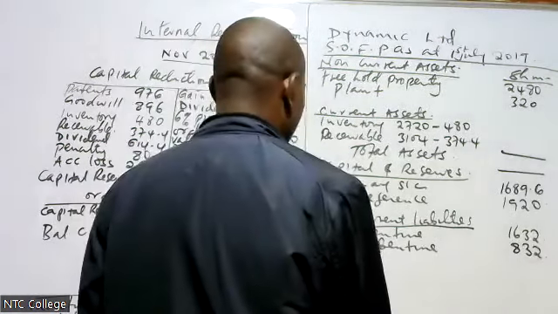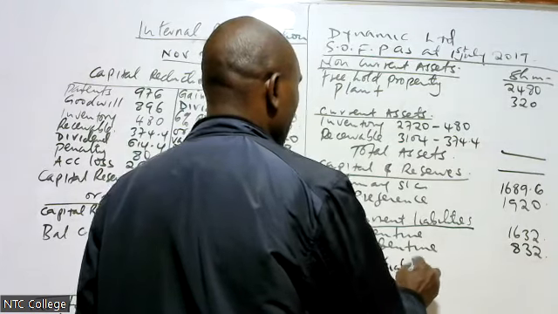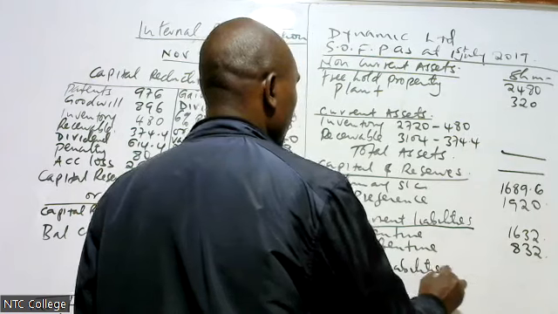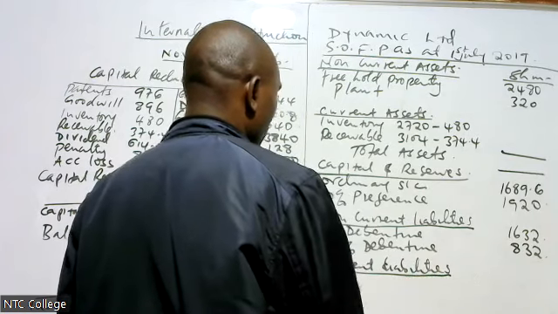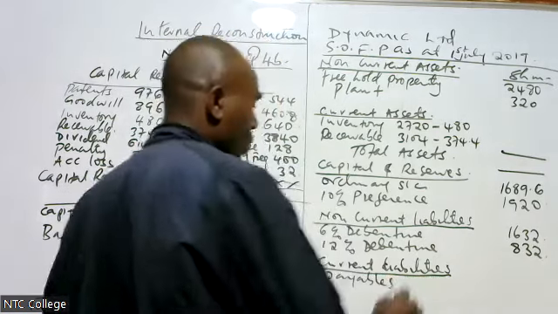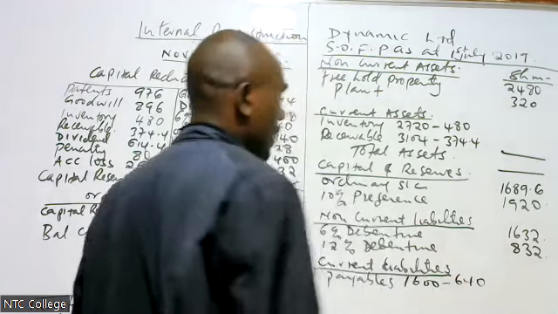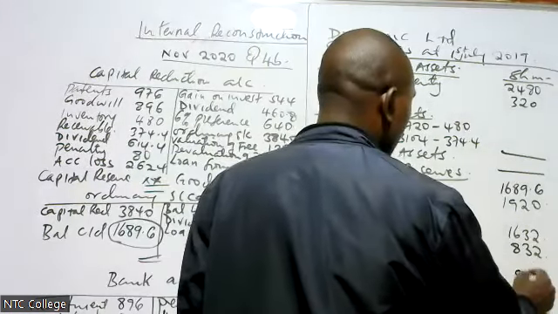Then under current liabilities, payables. Payables, we have 1600 minus 640 that we paid. We remain with 960.